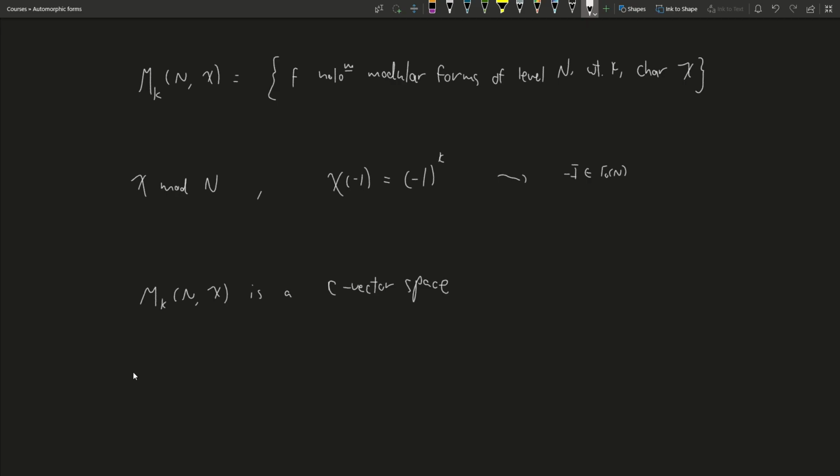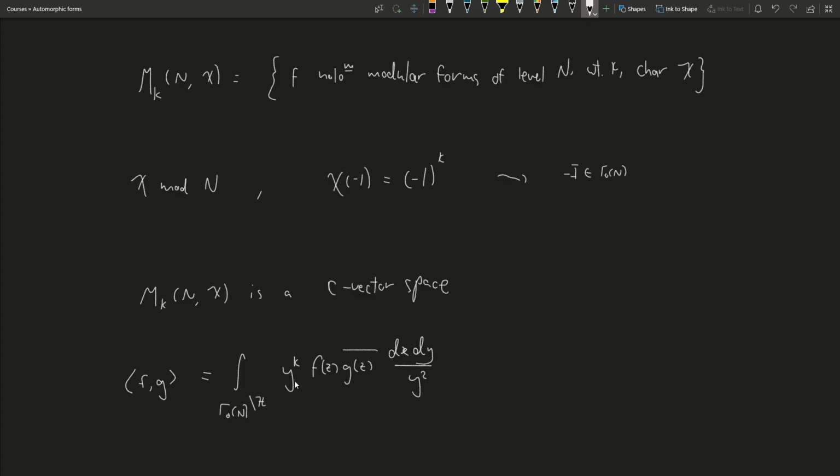The inner product of f and g is again called the Petersson inner product. This is the integral over the upper half plane mod gamma naught n, where you stick in a y to the k, and then f of z, g of z conjugate, and the usual measure dx dy over y squared.